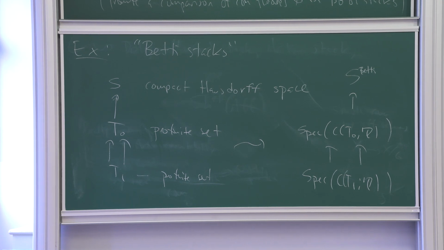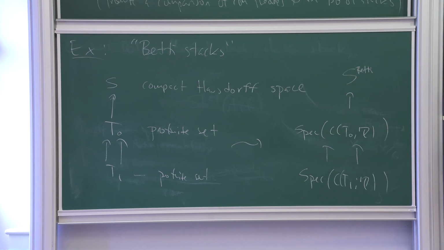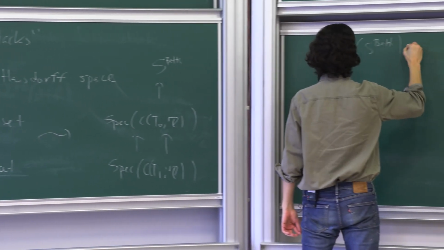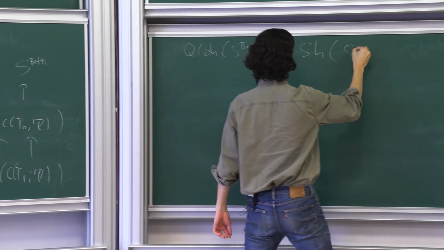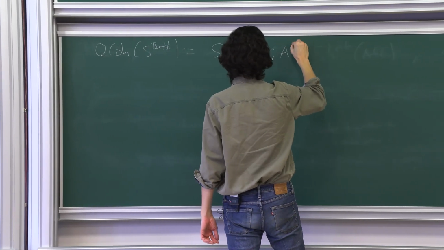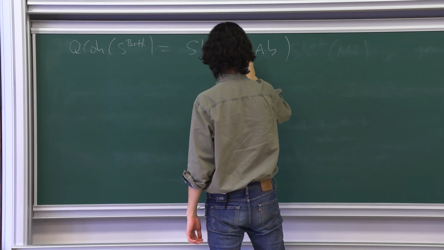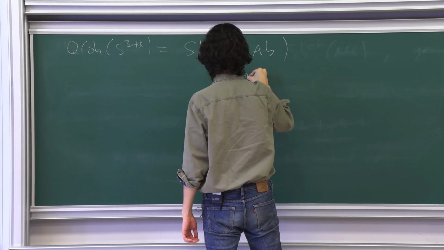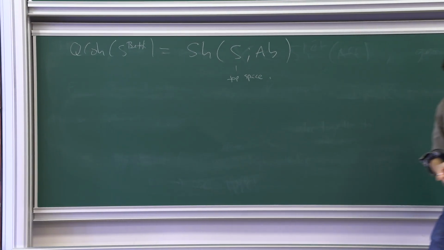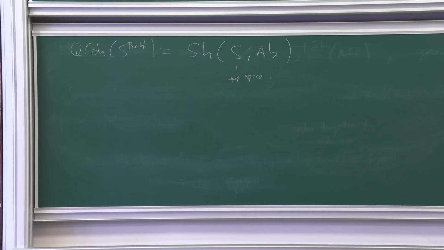And what are quasi-coherent sheaves on S Betti? These are just usual sheaves of Z-modules, abelian groups, on this topological space. So that's a fun exercise.